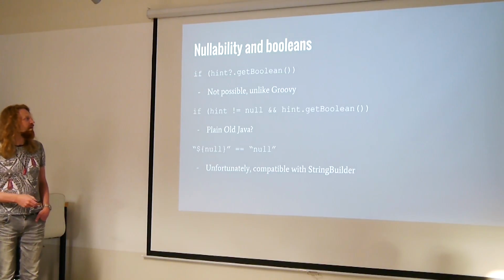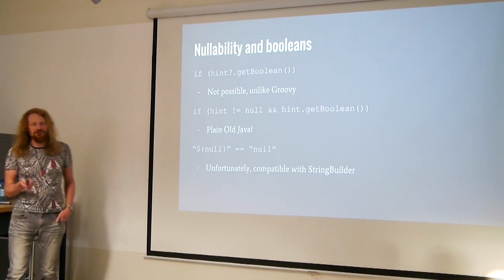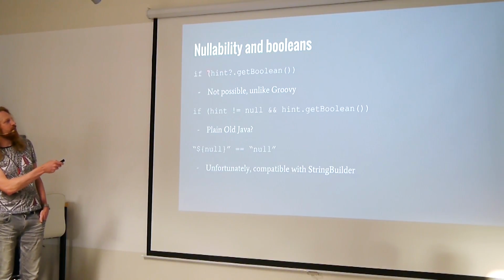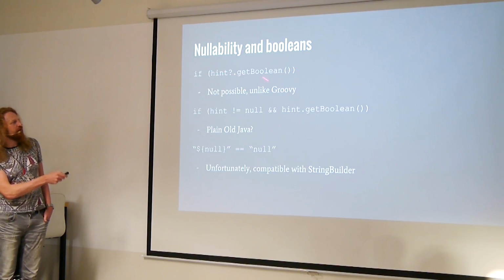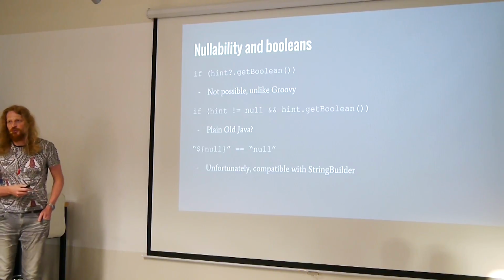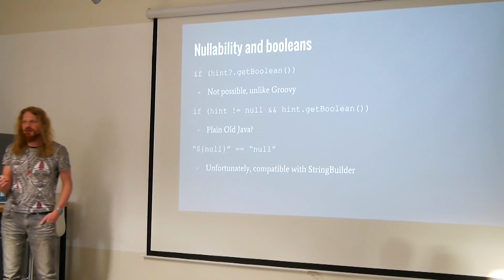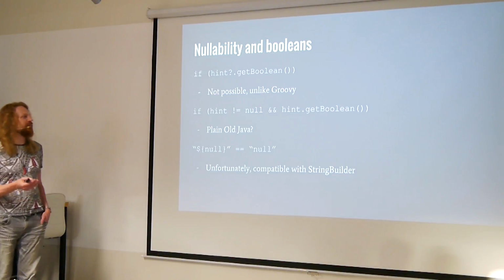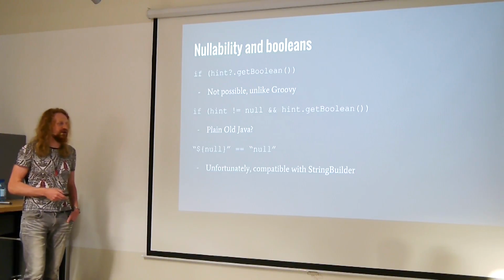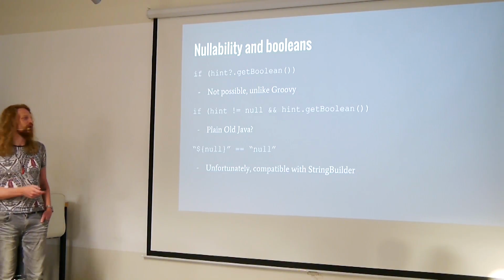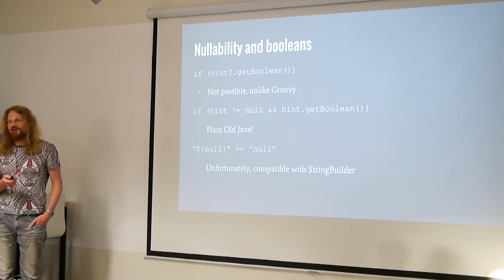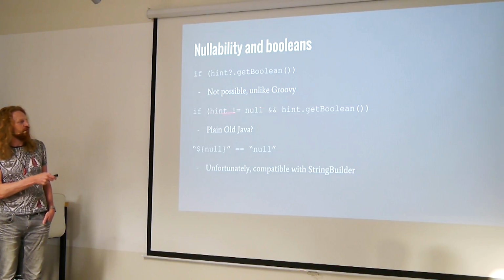The same in Groovy. With nullability in Groovy, for example, you can write like this, because in Groovy null is also treated as Boolean false, like in JavaScript, like the stuff of dynamic languages. Sometimes it's cool. In Kotlin, it's statically typed, so you cannot write like this, of course.